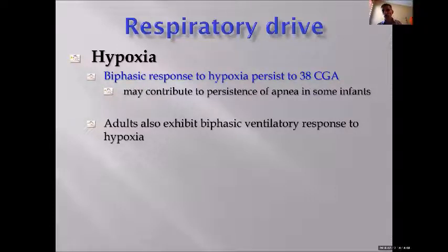Sometimes this biphasic response can persist into adult life in some people. The best way to feel this response is when you go on a high mountain and get low oxygen and high CO2, and then you'll see how your body reacts.